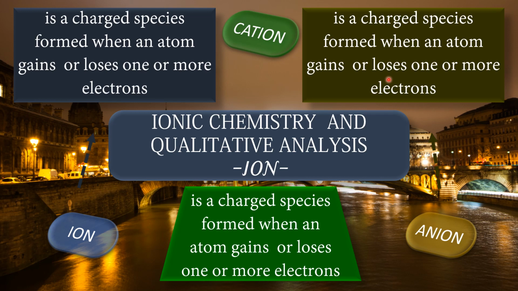If it has gained electrons, that one we call an anion. If it has lost electrons, we call it a cation.